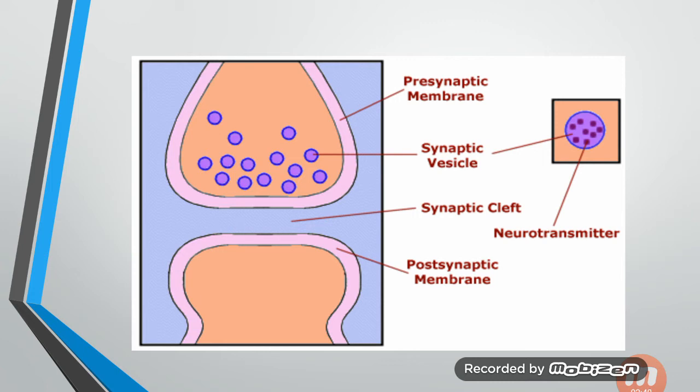Postsynaptic neuron is the neuron whose dendrites are in contact with the axon terminals of the presynaptic neuron.